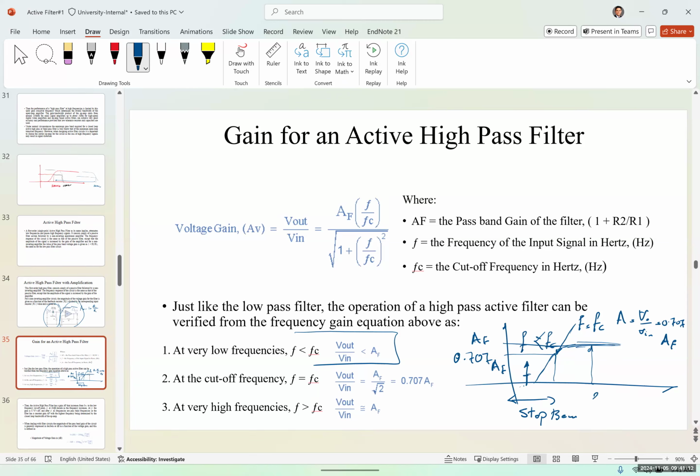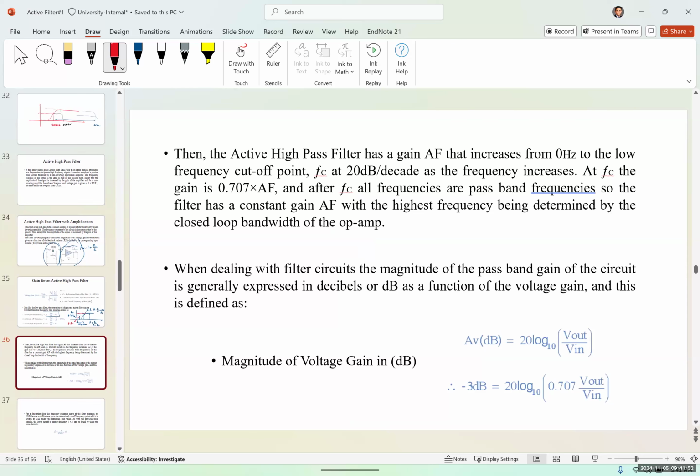So if this is the frequency F greater than FC, then A would be equal to AF. Here, F is less than FC, at that point it is equal, and here we have the same thing that we had with the low pass filter.